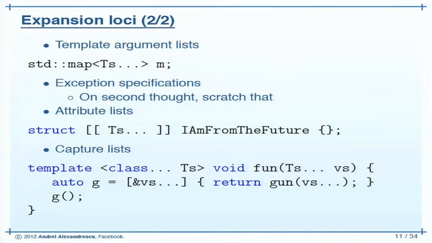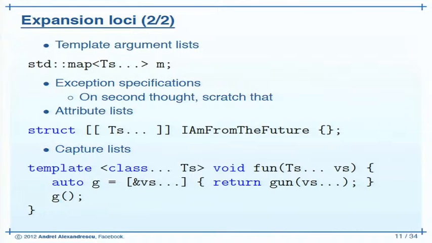Finally, capture lists, and this is actually very interesting. Let's take a look. So we define a Variadic function fun. It takes these v's, and guess what? I define a lambda that decides to capture the entire parameter list of fun, whatever it was. 0, 1, or more values, right? Parameters.